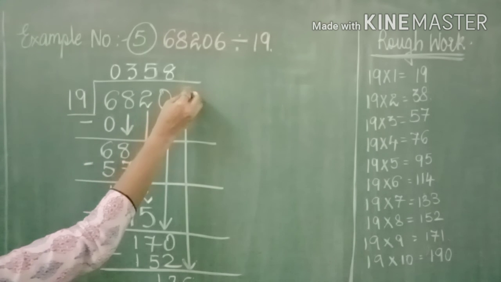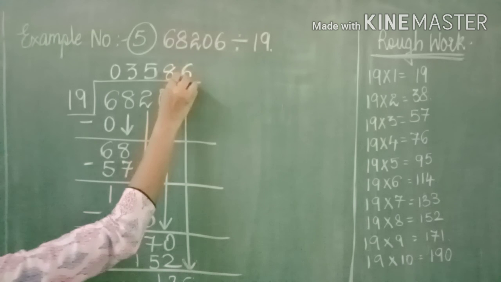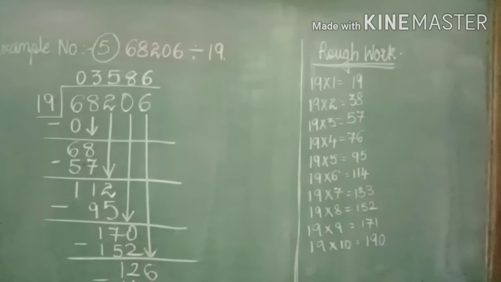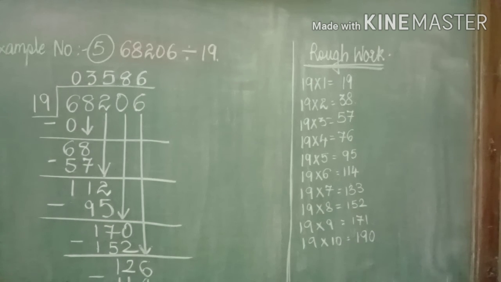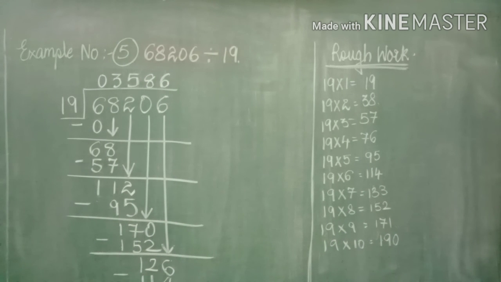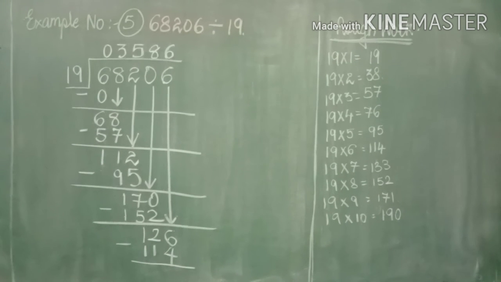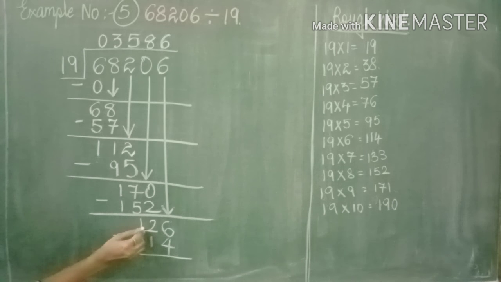So we write 19 nines above this 6 only, and minus 171. 186 minus 171 we will find out, will come as 15.